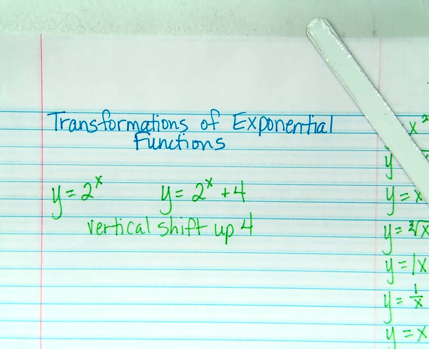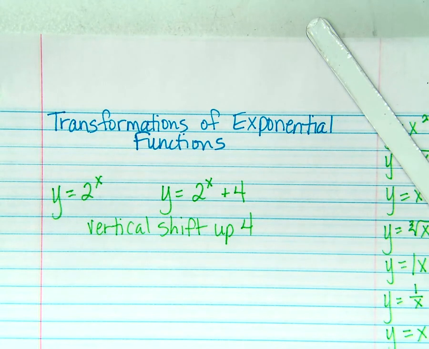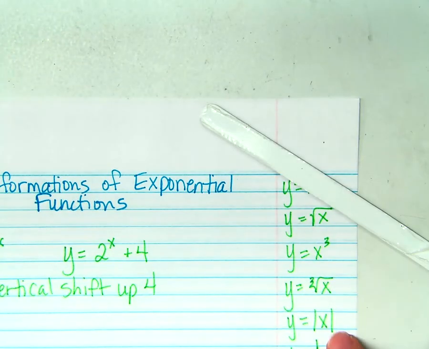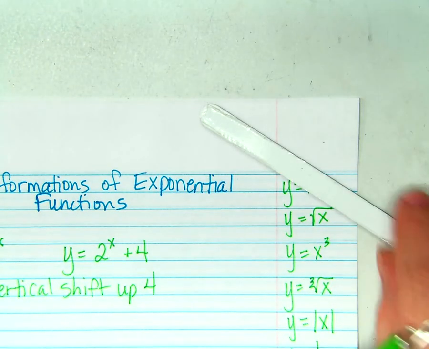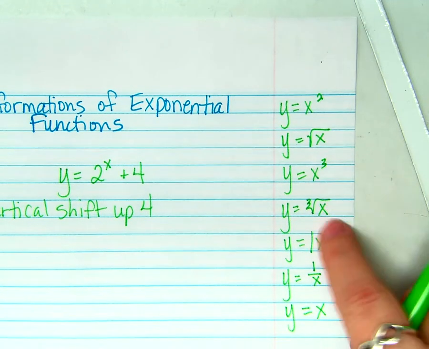Well, how do I know that that's not moving left 4? Yeah, so what we've talked about with all these other parent functions is that we've actually used the words inside and outside, haven't we? It's either inside or outside of the parentheses or the absolute value sign, or inside or outside of the fraction, inside or outside of the root sign.